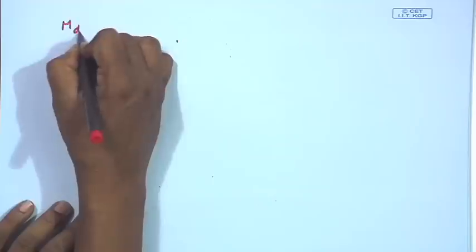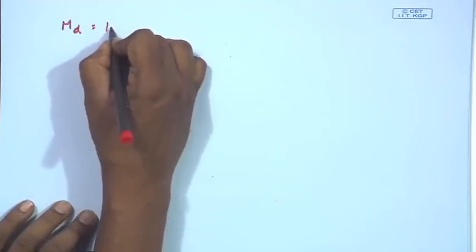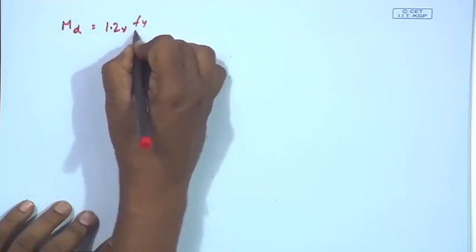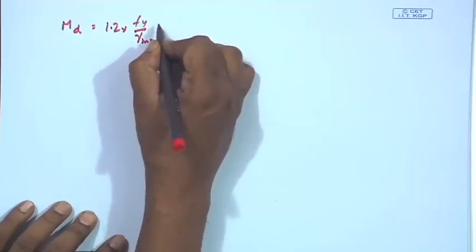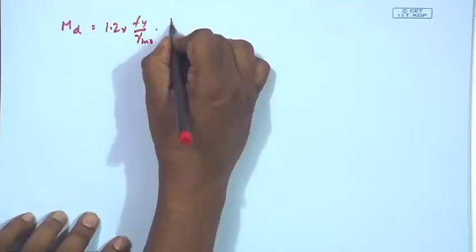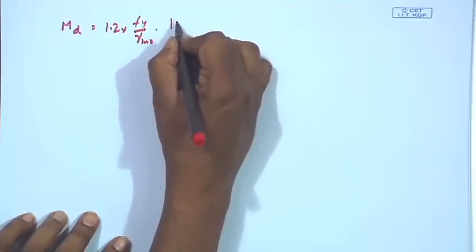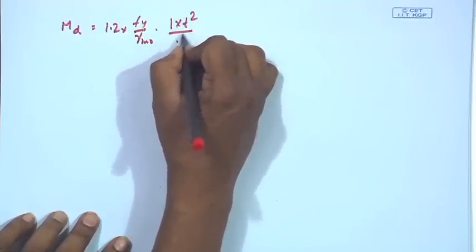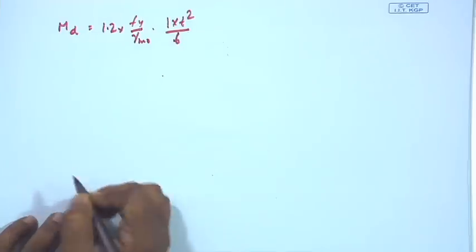So, to derive the thickness of the gusset plate we can find out, say M d as we found as 1.2 F y by gamma m 0 into Z e. Z e means basically, for unit length if we take, 1 into T square by 6.